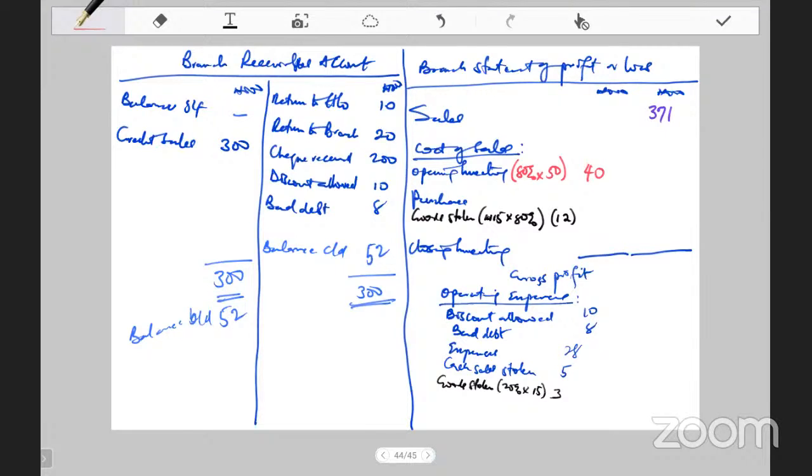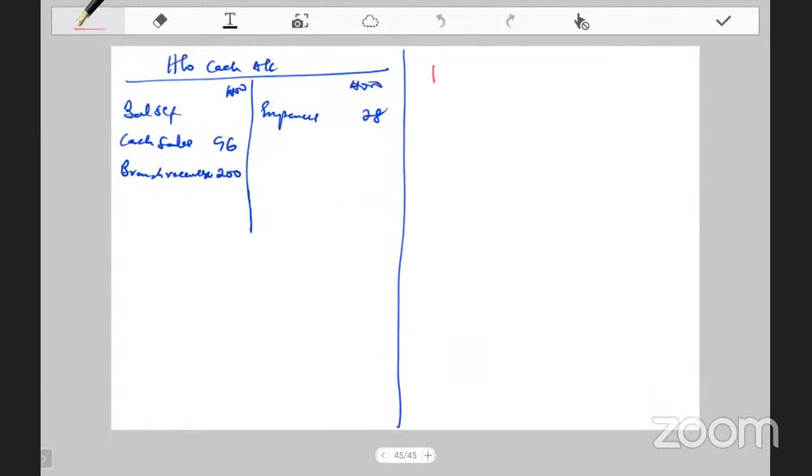So let's get our purchases. What is the purchase value, and what's the formula to calculate it? We need our goods sent at cost price, so that would be 80% times the value of the goods sent.